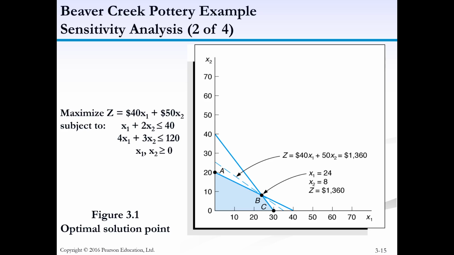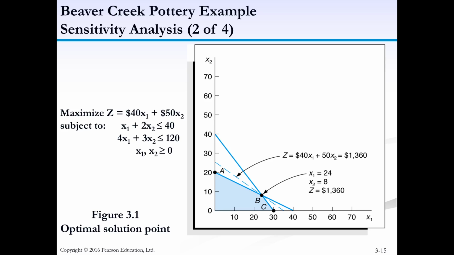So we will see the changes in the objective function coefficients graphically, and how to find out the limits of these objective function coefficients. This is the same problem. We have z is equal to 40x1 plus 50x2, and there are two constraints here, x1 plus 2x2 less or equal to 40, and 4x1 plus 3x2 less or equal to 120.